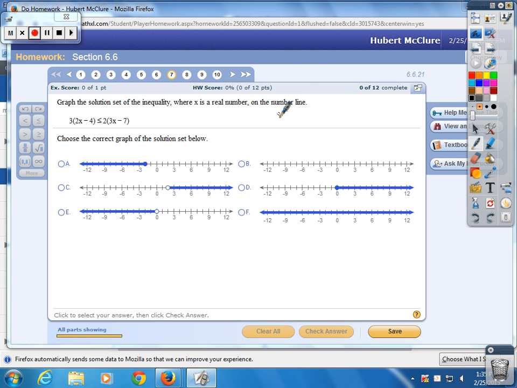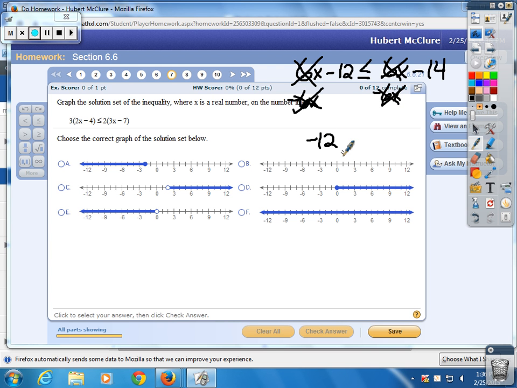So that'd be 6x minus 12 is less than or equal to 6x minus what? Negative 6x, negative 6x, and what happens? The 6x is canceled and we get negative 12 is less than or equal to negative 14.